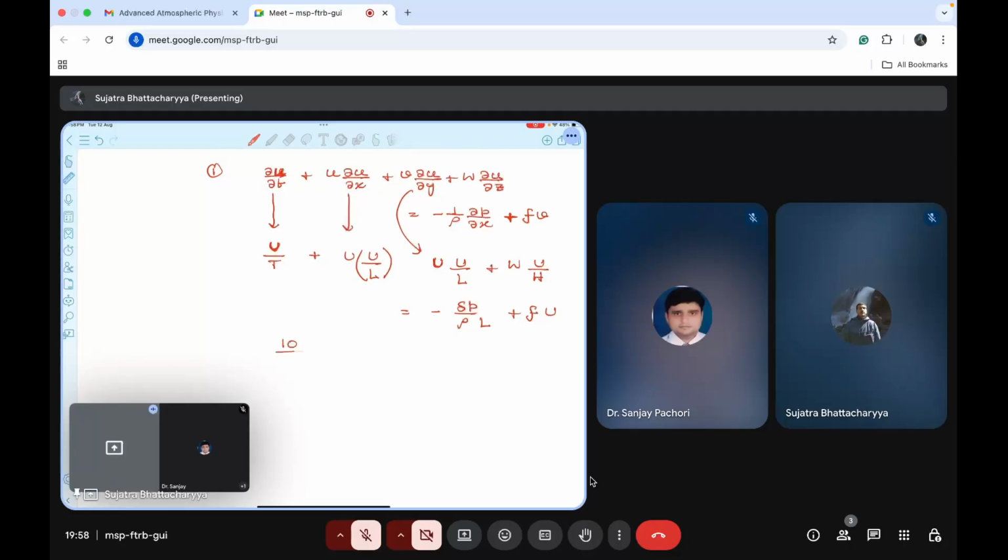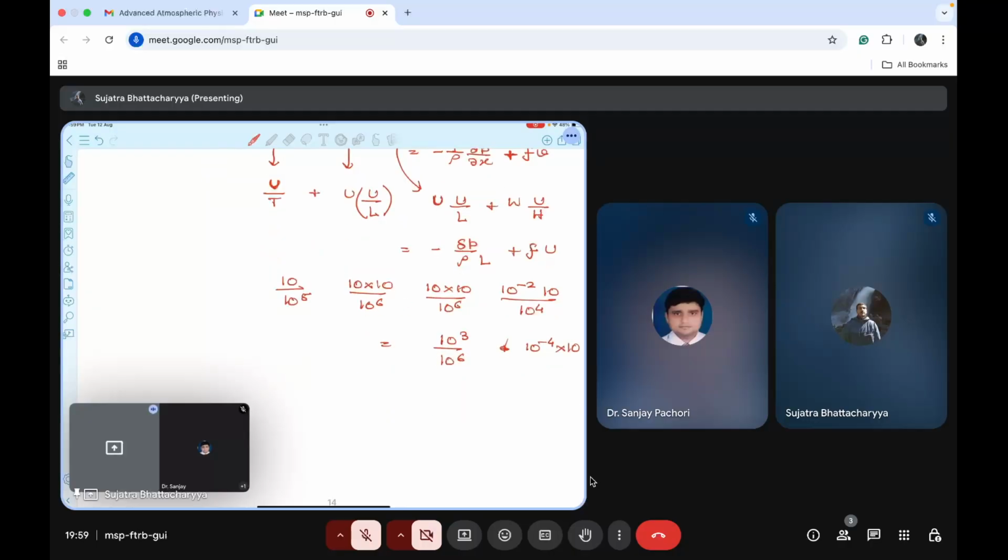So 10 divided by 10 to the power 5. Second term, 10 into 10 by 10 to the power 6. Again, 10 into 10 by 10 to the power 6. Then W is 10 to the power minus 2 into 10 by 10 to the power 4. Minus delta P by rho is 10 to the power 3 divided by 10 to the power 6. And finally, you have f U, that is 10 to the power minus 4 into 10.